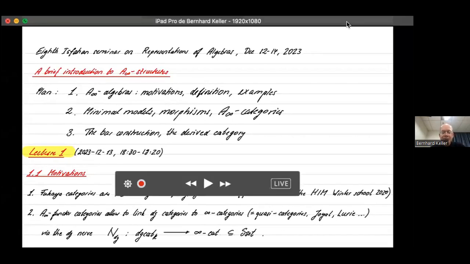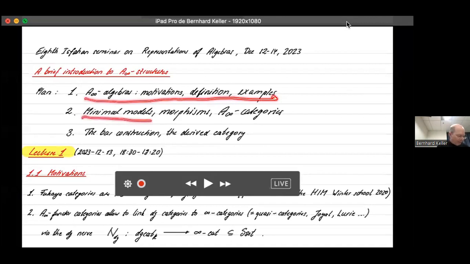Yes. So let me recall what we have seen in the first half. We have seen A-infinity algebras, the definition, and some examples mainly from Hochschild cohomology and from minimal models.